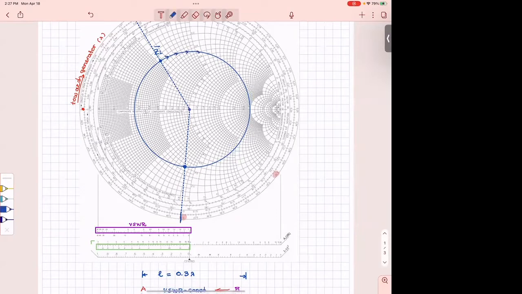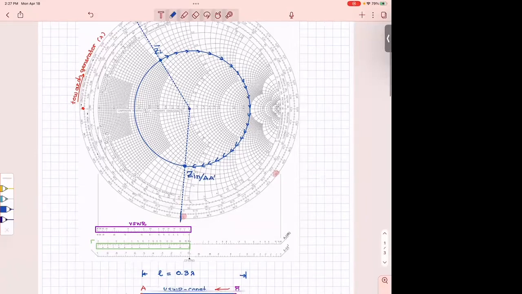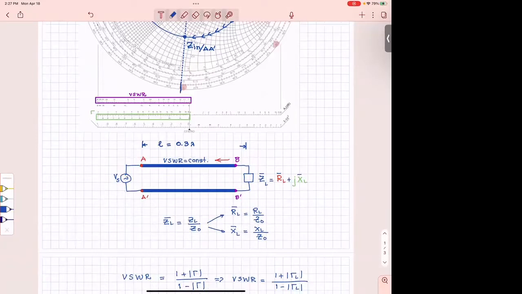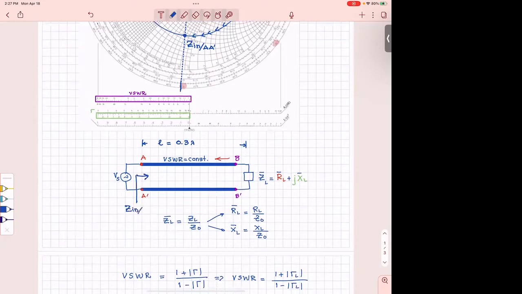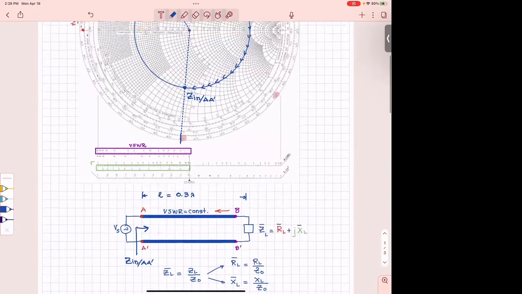A lot of times which direction you go is important and when you stop. So a lot of times I will do this with these small arrows, so I know why I came to this point and where I came from. All right. So that is the input impedance at the source. And because the source is connected to the prime port, that point there is the input impedance at my source. See, I find it without solving the equations that have hyperbolic tangents.